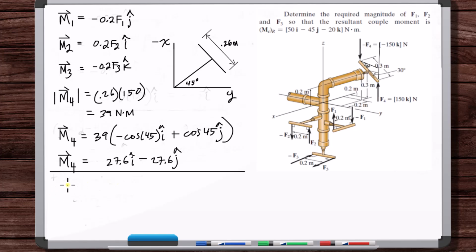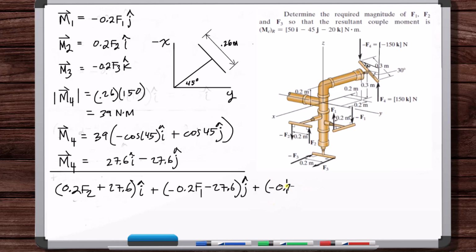So what do we have? Let's put all the i hats together: 0.2 F2 plus 27.6 i hat. Now let's bring all the j hats together: minus 0.2 F1 minus 27.6 j hat, plus minus 0.2 F3 k hat.